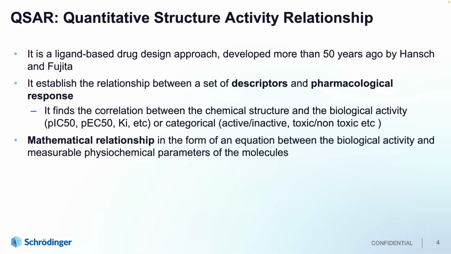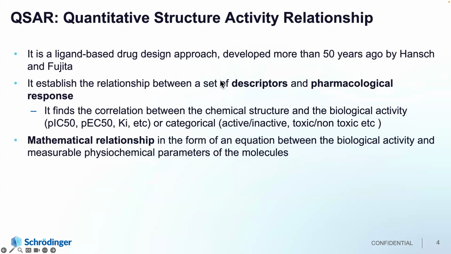The full form is quantitative structure activity relationship. It is a very old method, more than 50 years old. What it does is try to connect the structure of your ligand and the pharmacological response or the activity.